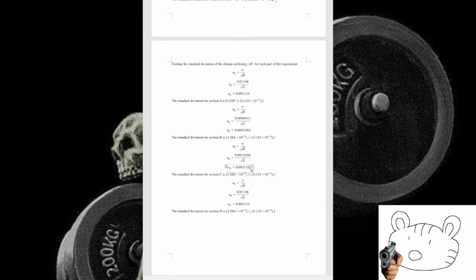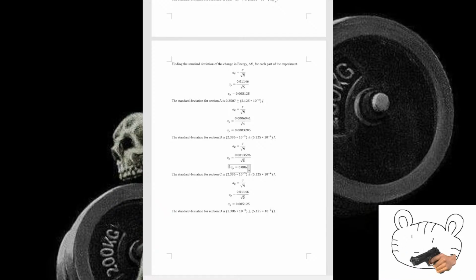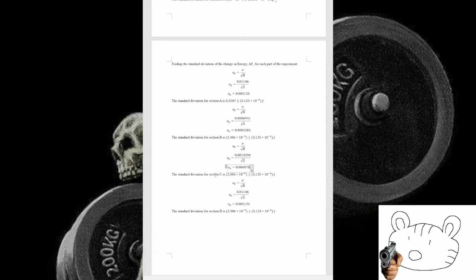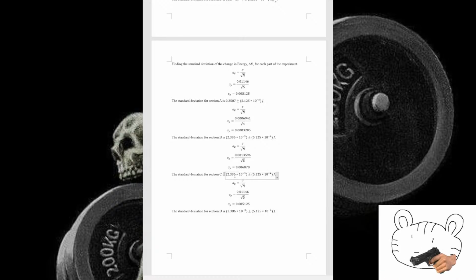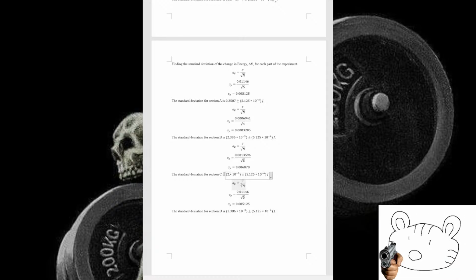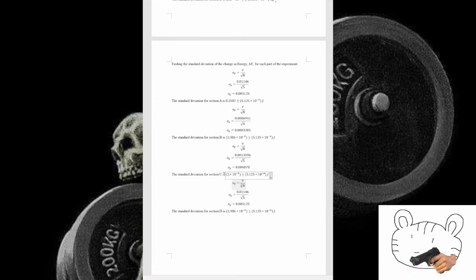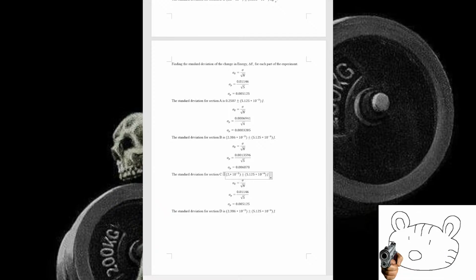Coming out to a good old fashioned 0.006078. Locking one of those with a standard deviation. So the mean is 0.01014.